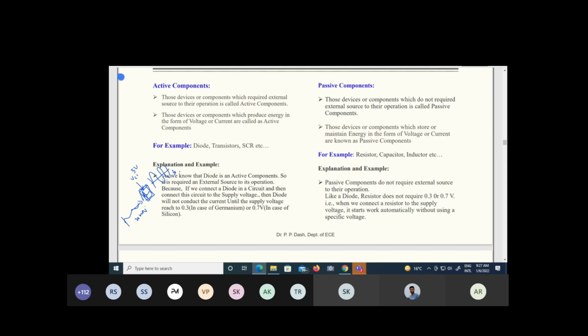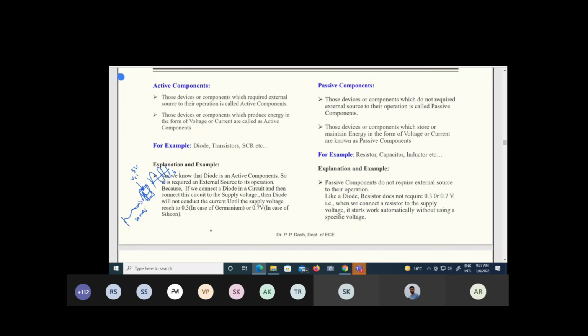When we connect a diode in a circuit with the supply voltage, the diode will not conduct until the supply voltage reaches the minimum value of its junction voltage. If you are taking a germanium diode, it will be 0.3 volt. If you are taking a silicon diode, 0.7 volt.